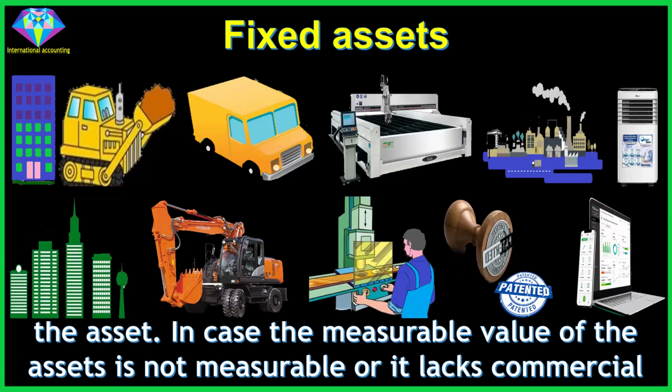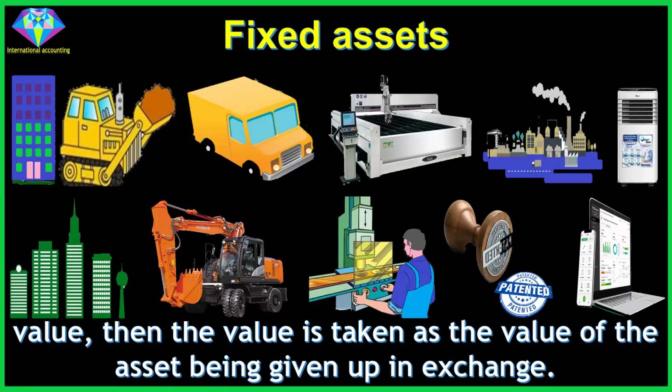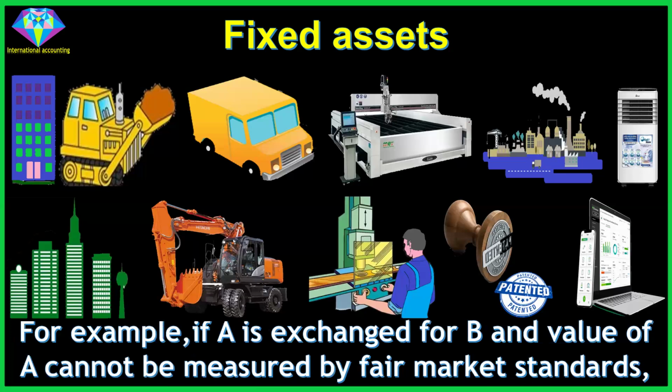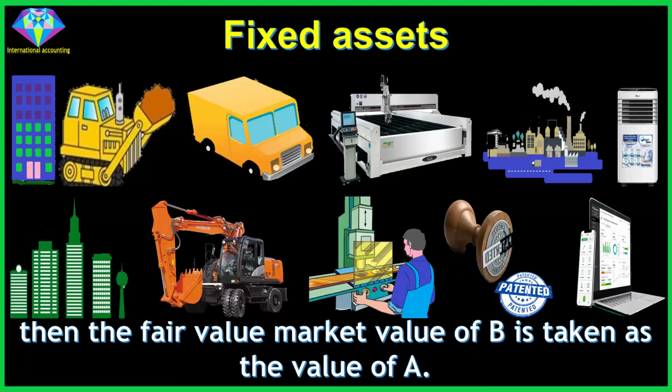In case the value of the asset is not measurable or it lacks commercial value, then the value is taken as the value of the asset being given up in exchange. For example, if A is exchanged for B and the value of A cannot be measured by fair market standards, then the fair market value of B is taken as the value of A.